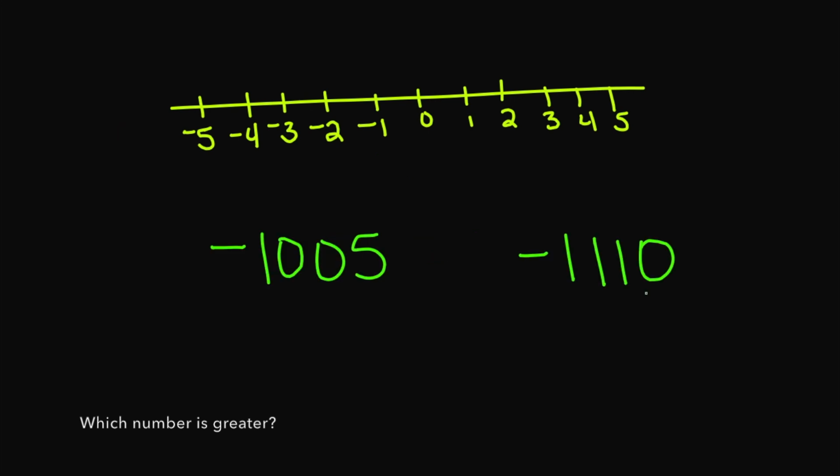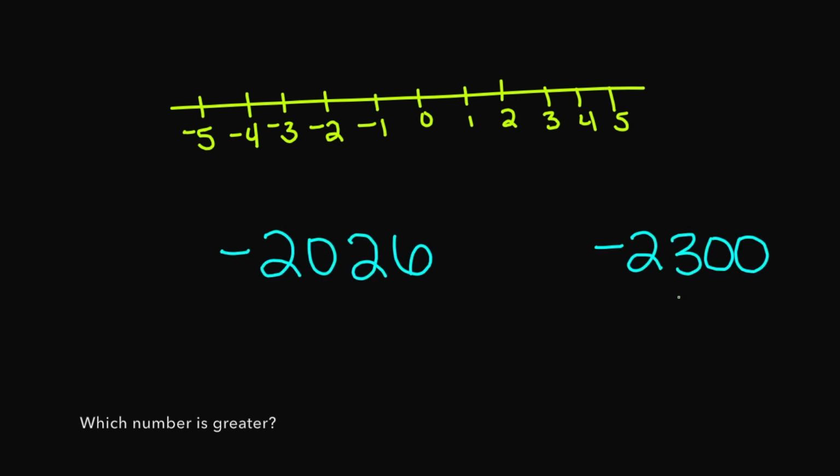Let's look at these examples here. So we have -1005 and -1110. Which number here is greater? The larger number here is going to be -1005. -2026 and then -2300. Which number here is greater?